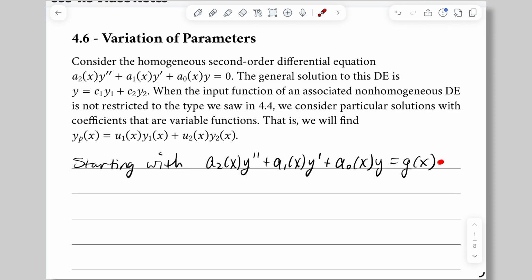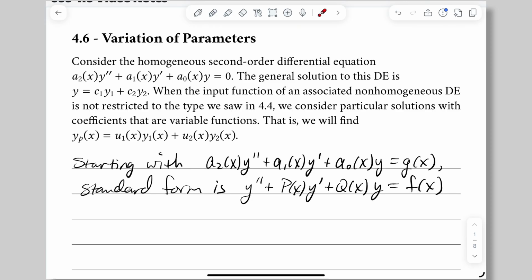So it could be a natural log or a tangent or an inverse tangent or that sort of thing. Standard form is obtained by dividing by the coefficient function of y double prime, and we have y double prime plus p of x y prime plus q of x y is equal to f of x.